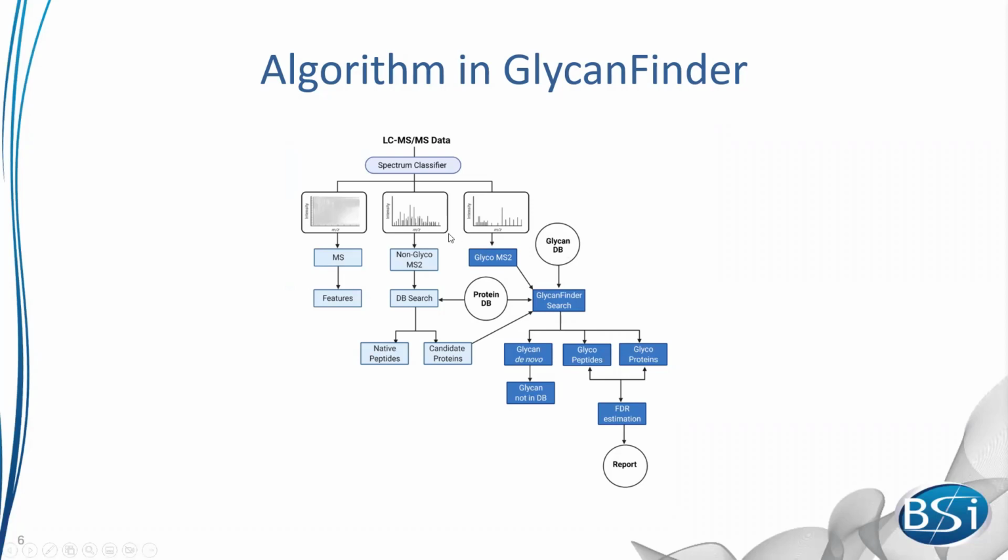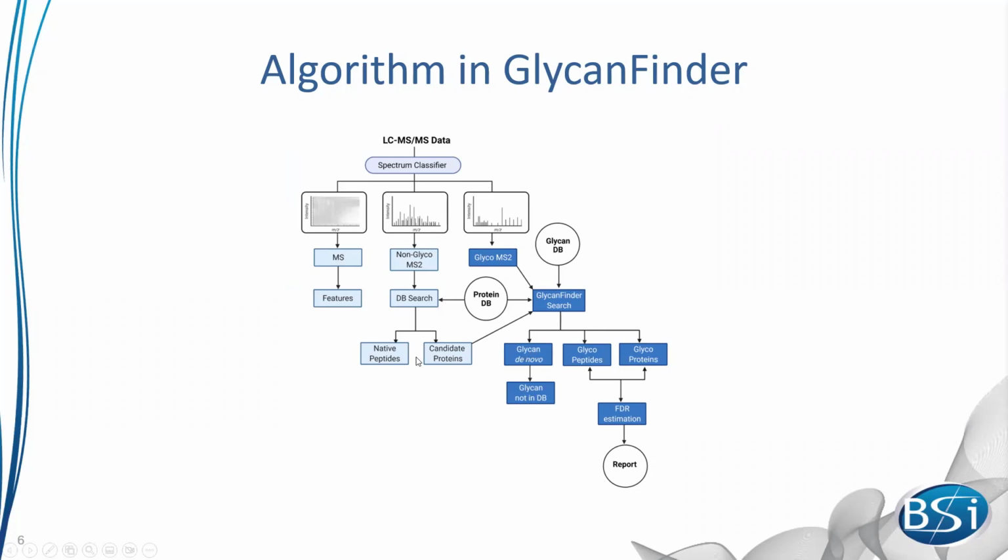With the remainder of the spectra that look like unglycosylated spectra, we feed those into a typical PEAKS DB search and identify unglycosylated peptides, and from that we get a list of candidate proteins that we can then feed into the Glycan Finder search to assist in the list of actual proteins that are present.